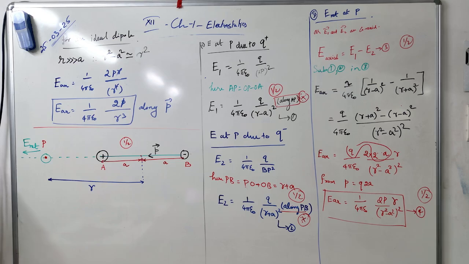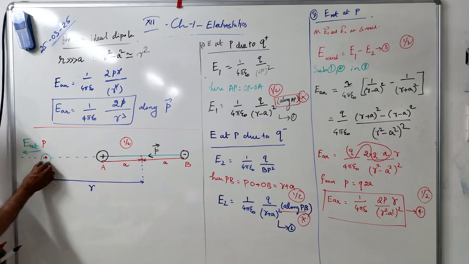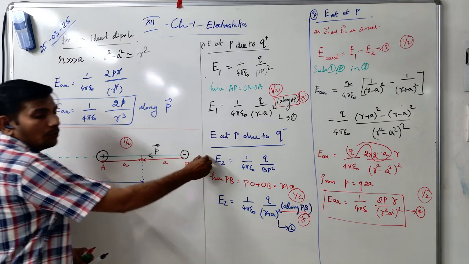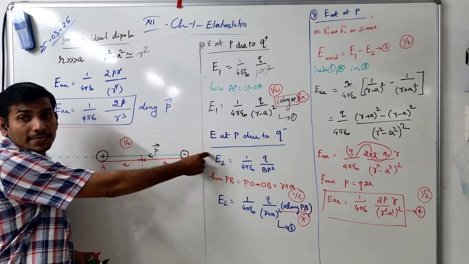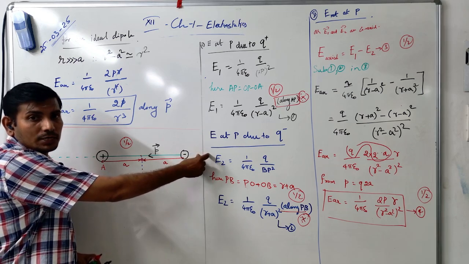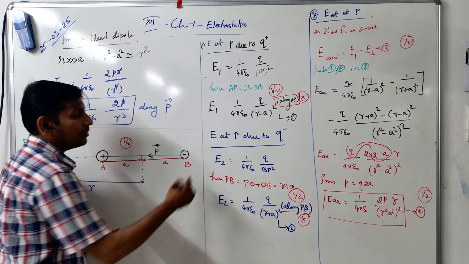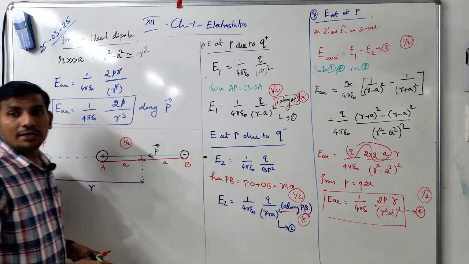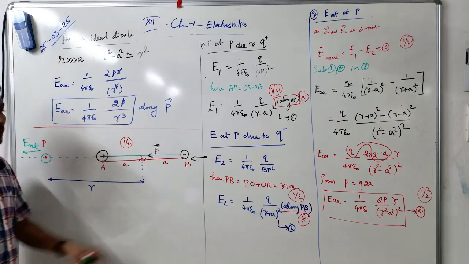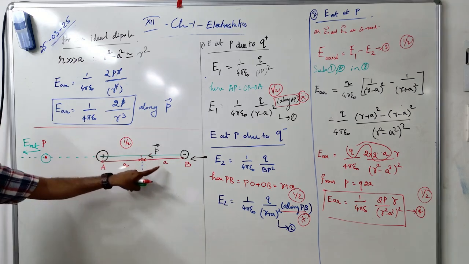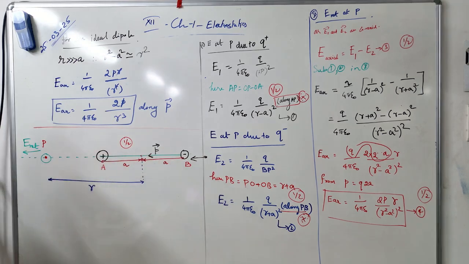Noted? Suppose you kept the point here, this is the point where you are going to measure the electric field strength. At this point, who is going to be dominant? Negative charge is going to be dominant. And negative charges, they have electric field lines in which direction, sir? Towards them, in this direction. This is also in the direction of what? P vector, in this direction.